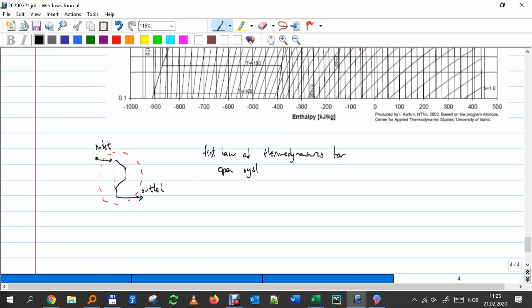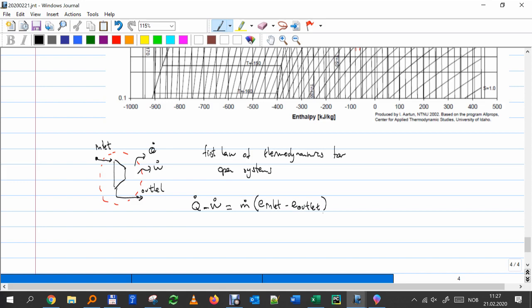What did the law tell you? It tells you that you have heat coming in and out, and work also coming in and out, power. Q minus W will be equal to what? To the mass flow that goes through the system, times the energy at the inlet minus the energy at the outlet.